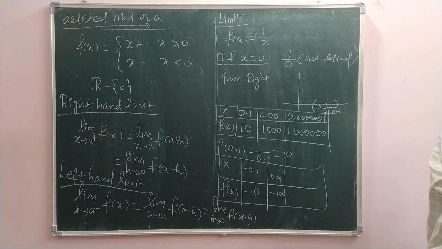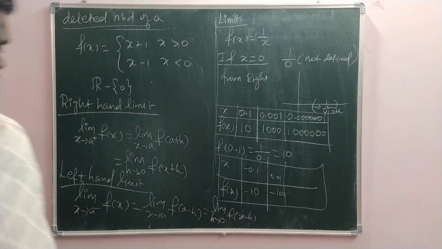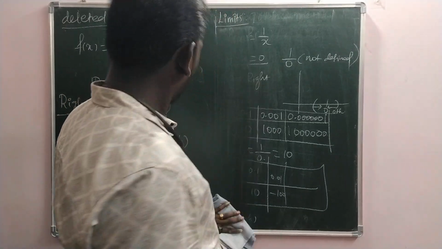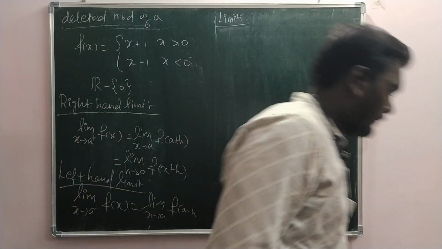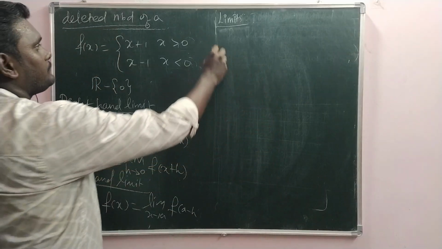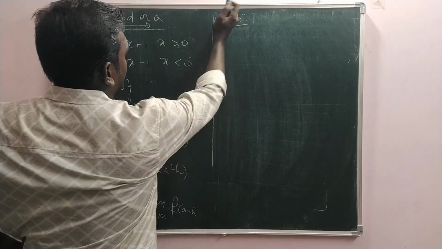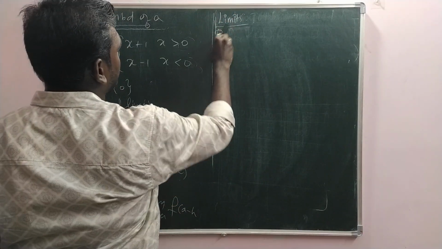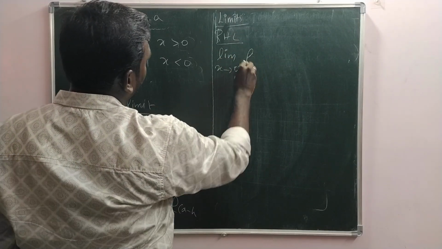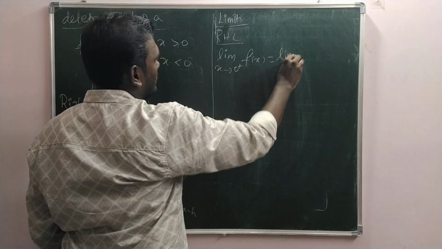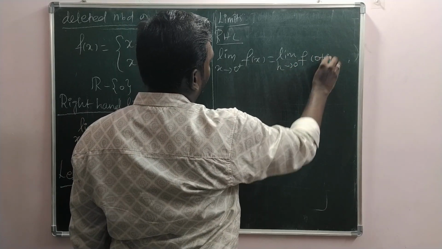So in this example, here I wrote one function, so the left hand limit and right hand limit. Say we have the value 0. The right hand limit we will calculate: limit x tends to 0 plus f of x is equal to limit h tends to 0 f of 0 plus h.